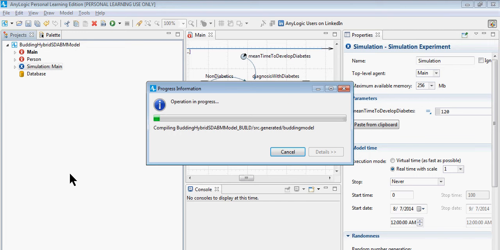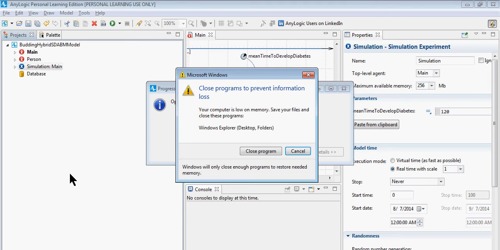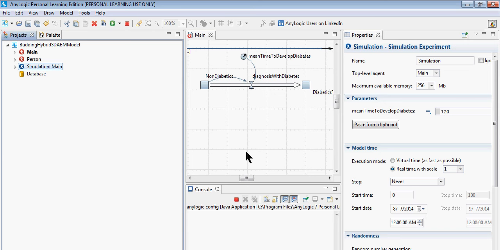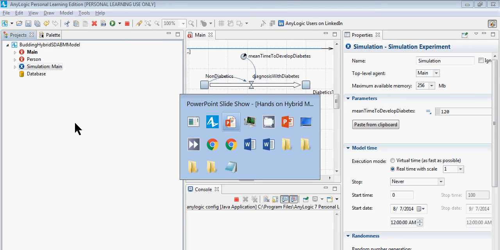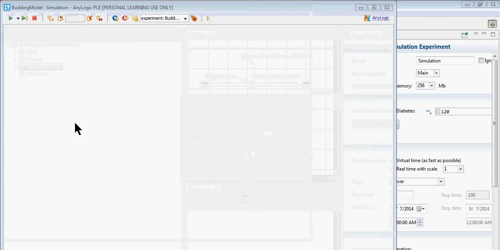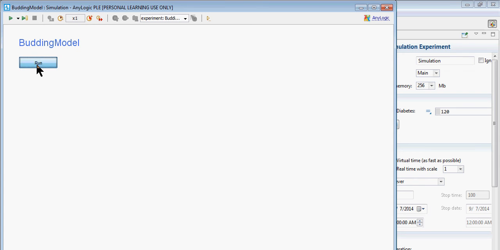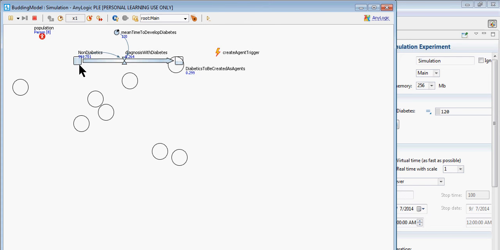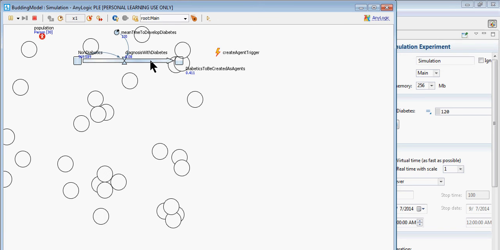So this is a very crude model, and again, we could build it in about half an hour or so. But here we have a stock and flow model. We have non-diabetics, and then they have a mean time to develop diabetes. Again, don't get distracted by the fact this only has one stock. The whole thing could be a big system dynamics model, stratified by age, sex, ethnicity, and quite rich.